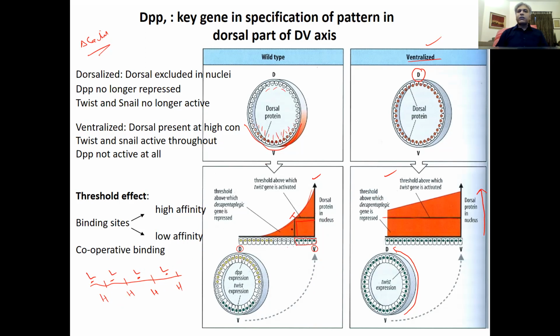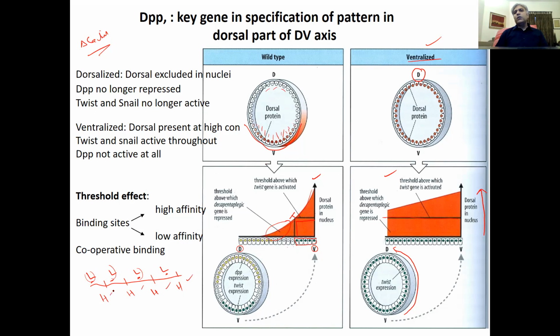When you have a low concentration gradient, these sites will not be bound by dorsal because there's very little dorsal protein present, and dorsal will be present only on the high affinity binding sites.